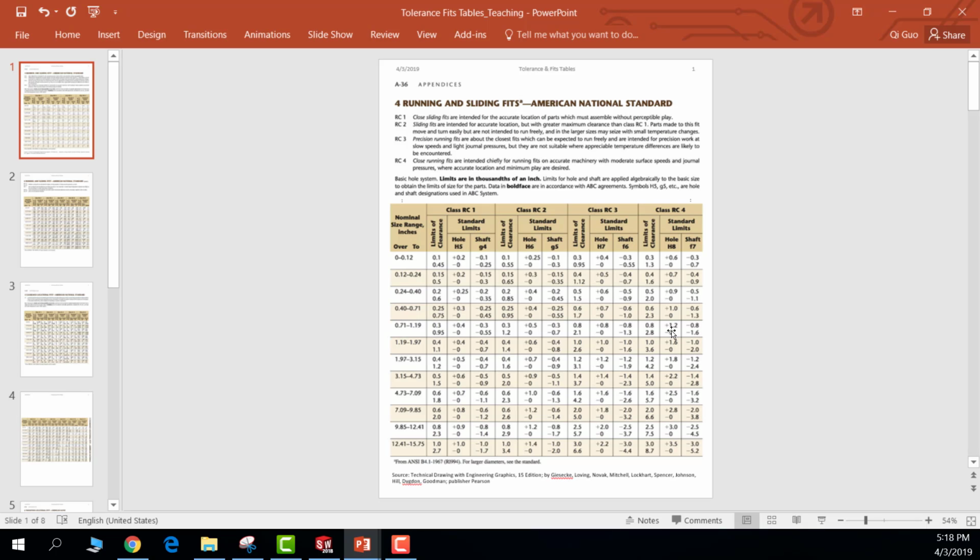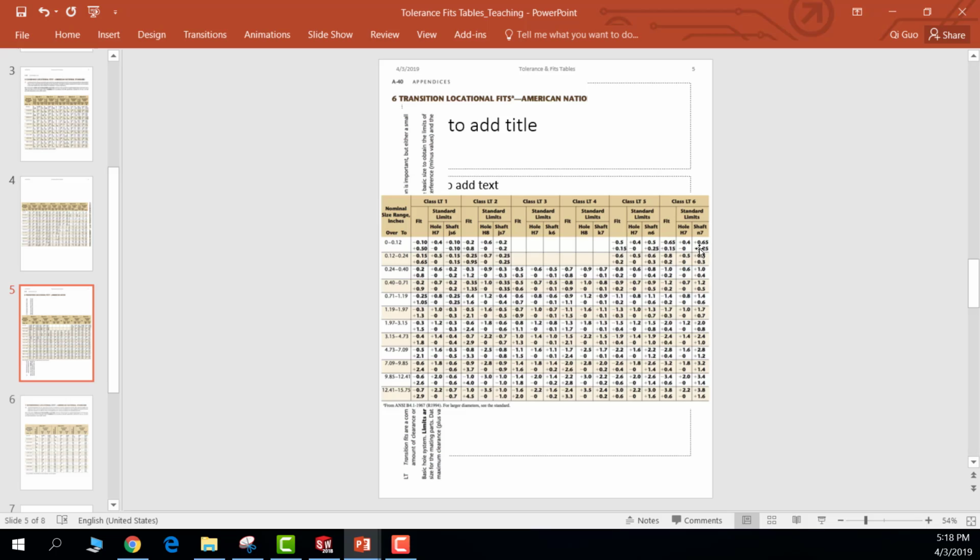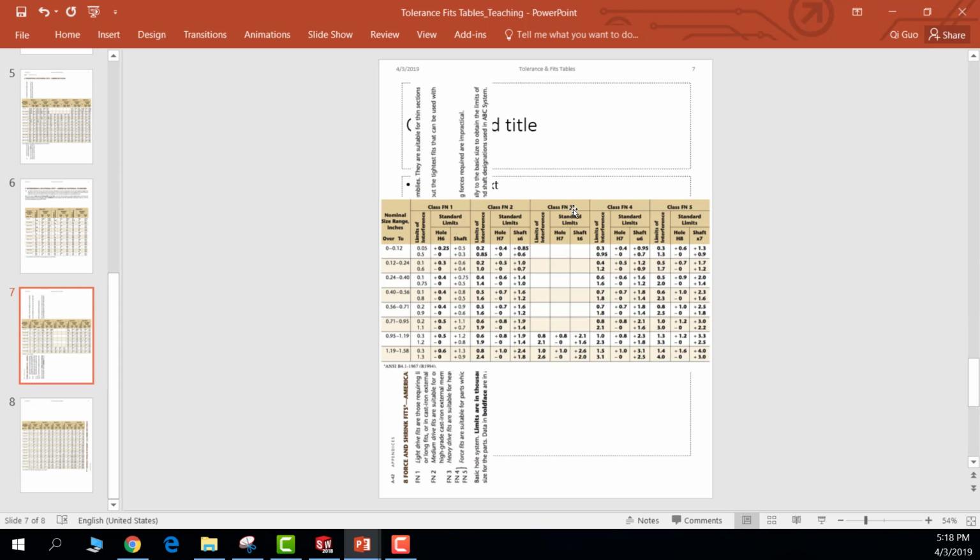So FN is here, so it's going to be in the force and shrink fits. And it's asking class FN1, and the diameter is 3/4 of an inch, so 0.75. We're in this category.